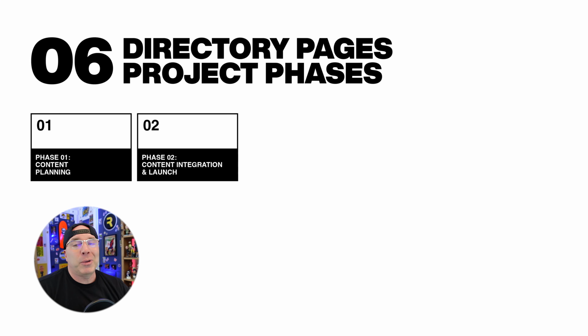And if you're going to make a directory page for a client as a service, here are the phases that I would recommend. Content planning. Offer content planning. Say, hey, you don't have enough budget to go and build a fully custom website. I get that, no big deal. Why don't we just help you get a really effectively designed Yelp page or Facebook page for your business? We'll just use that for your website for now.